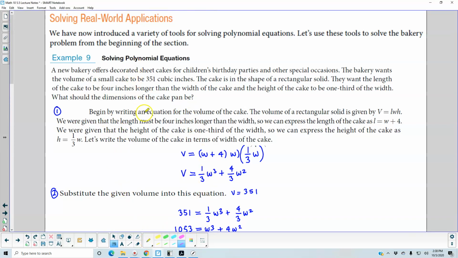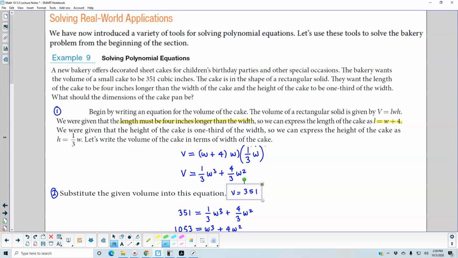So we're going to begin by writing an equation for the volume of the sheet cake. The volume of the rectangular solid is given by V, which is equal to the length times the width times the height. We were given that the length must be 4 inches longer than the width, so we can express the length of the cake as L equals W plus 4.